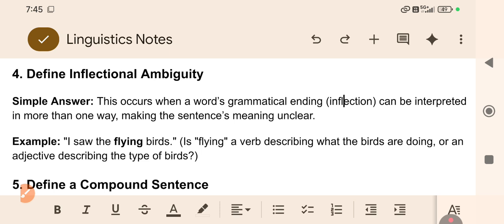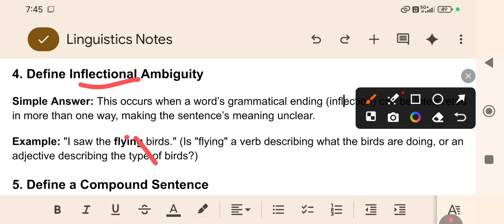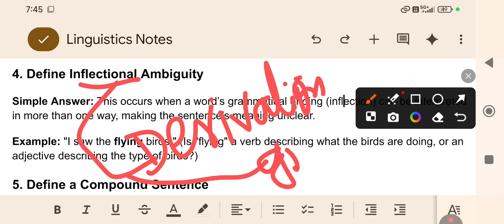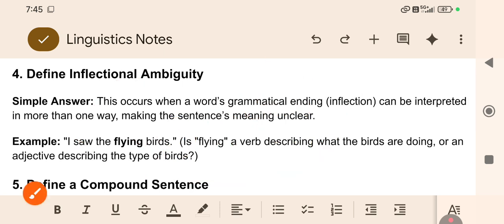In both terms, the important word is grammar. Please remember, right? So there is some grammatical mistake, and that is why this ambiguity arises. So this occurs when a word's grammatical ending, inflectional being the grammatical ending, can be interpreted in more than one way, right?